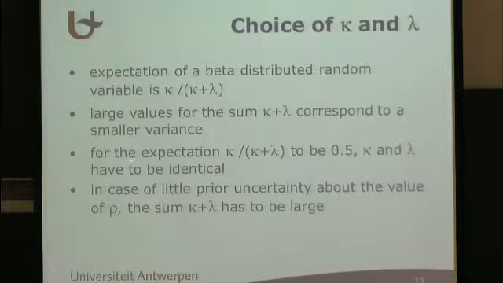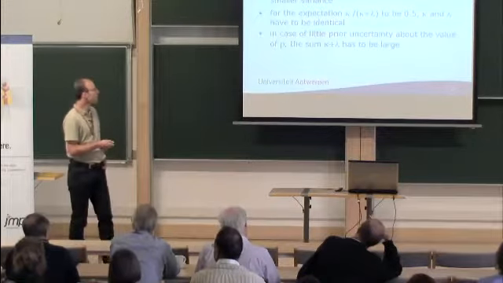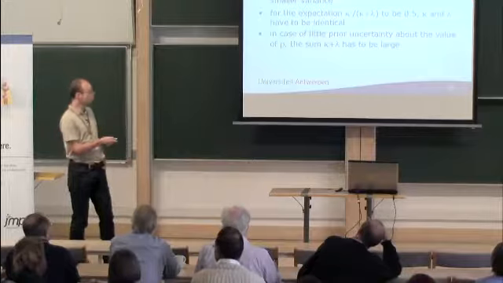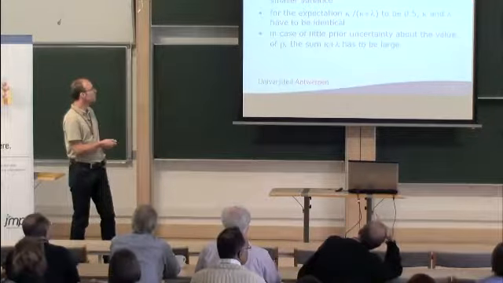And we can do that by setting kappa equal to lambda. And if we have little prior uncertainty, then we must make sure that kappa plus lambda is large. So that's how you can choose kappa and lambda in this case for beta prior distributions.